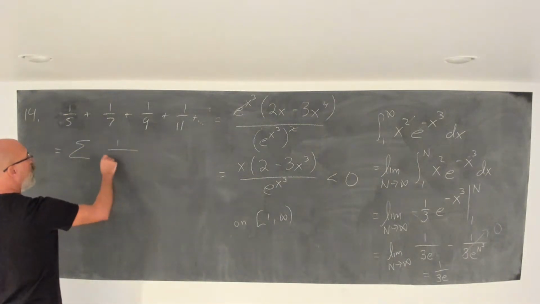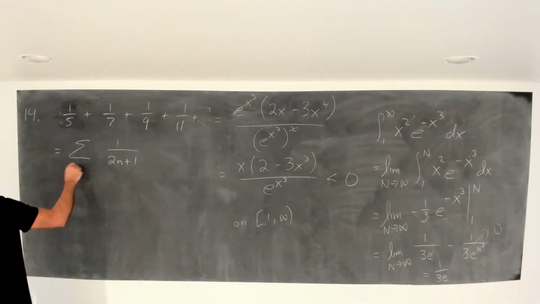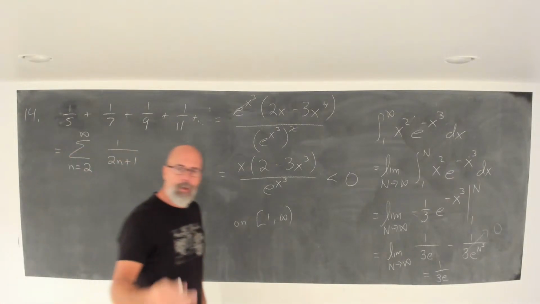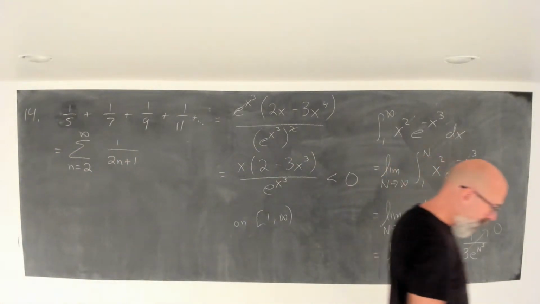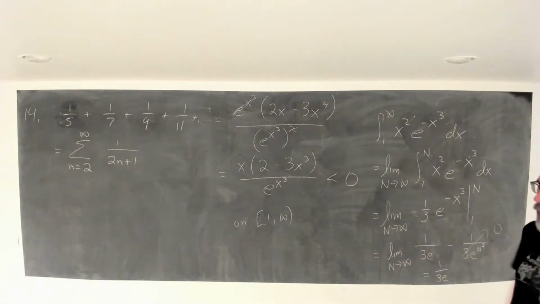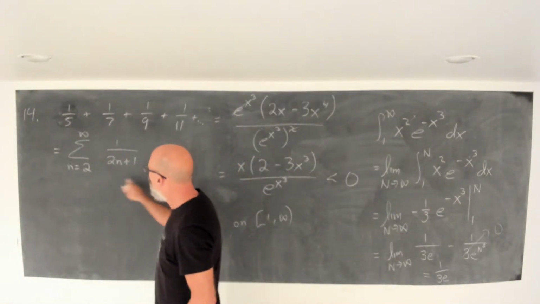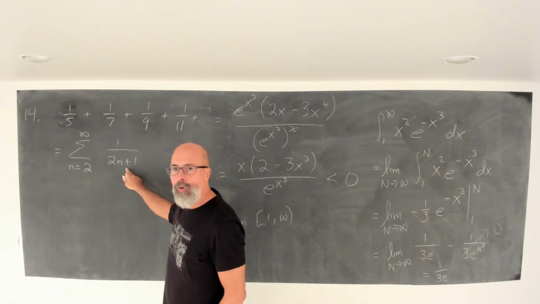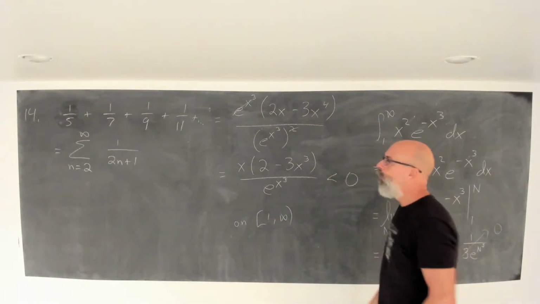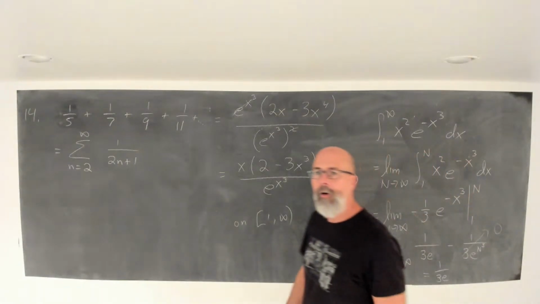So 1 over 2n plus 1, where n starts at 2. There isn't just one right answer. Perhaps you may have wanted to describe this as 1 over 2n minus 1, where n starts at 3. That would have been fine as well.